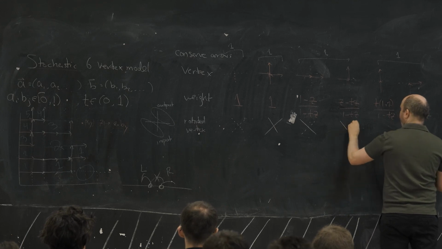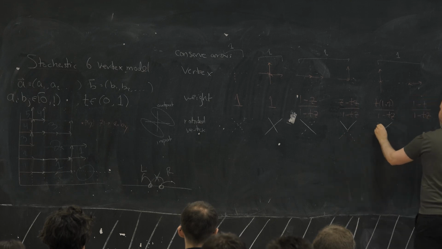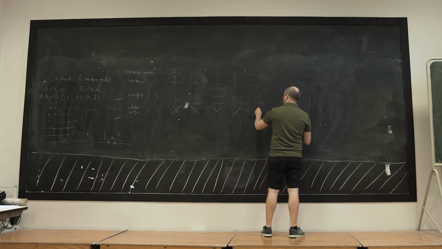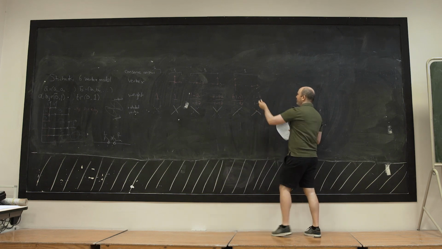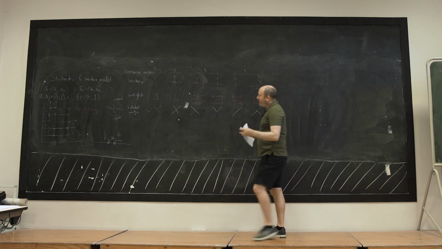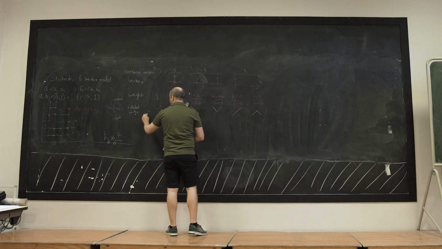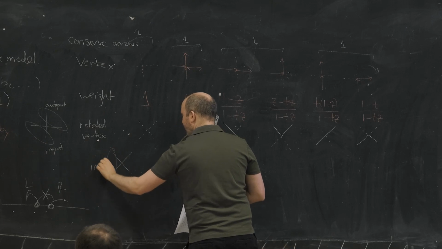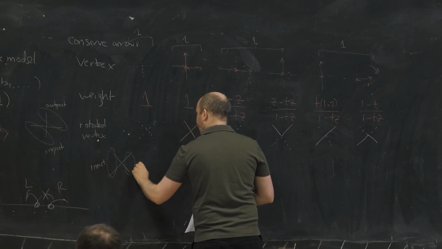This becomes like that. This one becomes like this. And this one becomes, okay, so I've literally just rotated these by 45 degrees. And now the inputs you should think of as being here, and the outputs here.